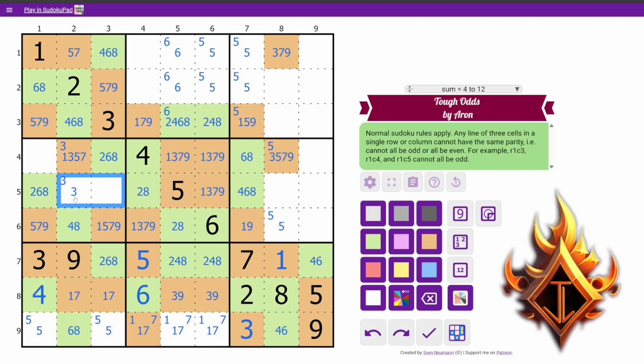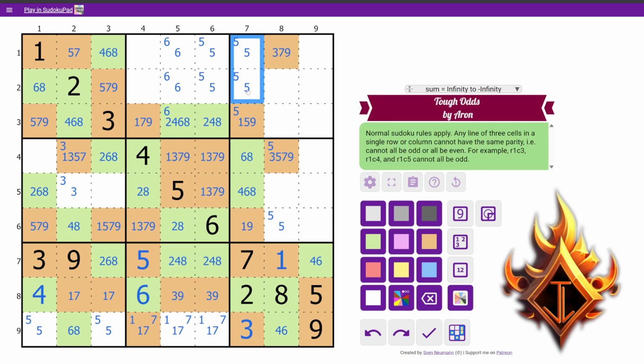Both of these can be odd. That would still be okay. If this is even, that is odd. No, I can't do that. There's not much restriction there.